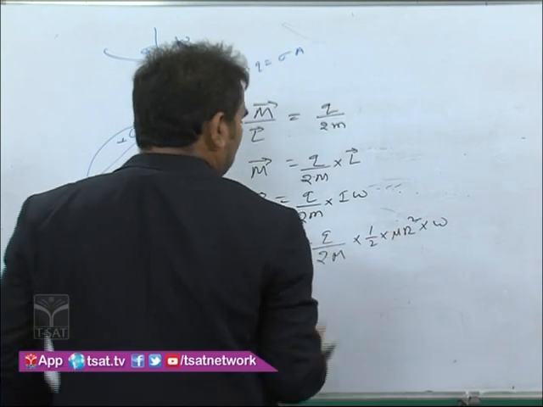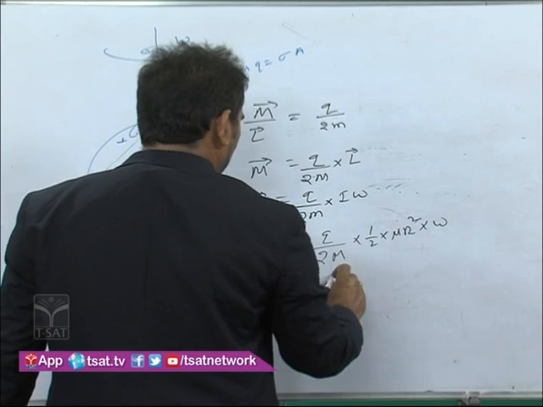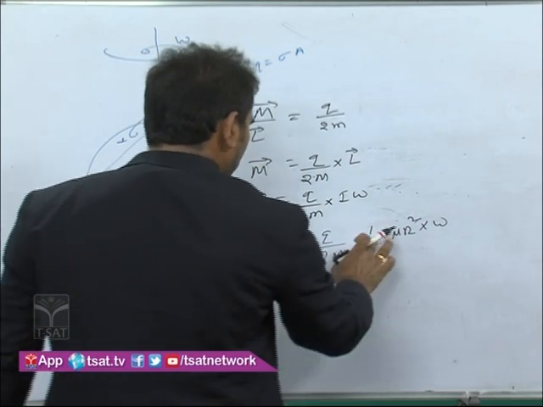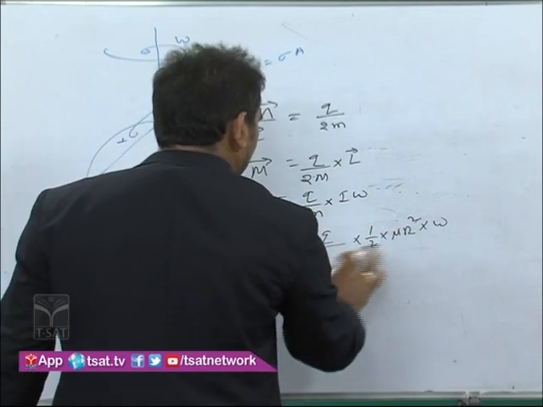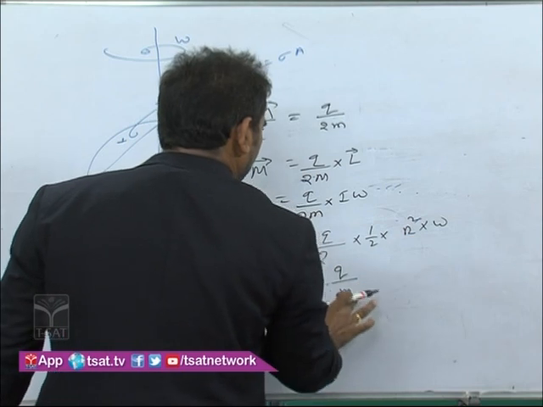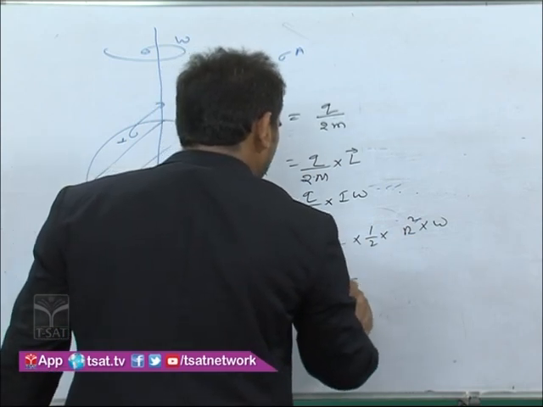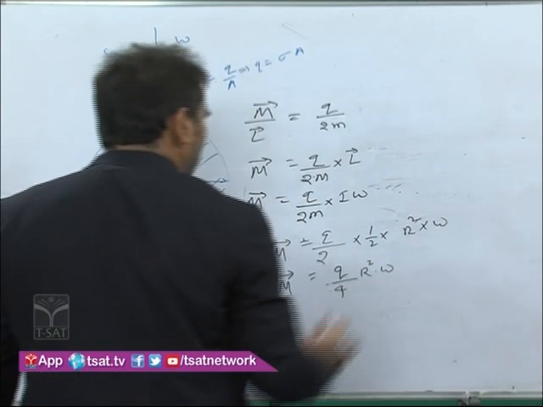The mass m and mass m get cancelled, and 1 by 2 into 1 by 2 gives 1 by 4. So m bar = q R square omega by 4.